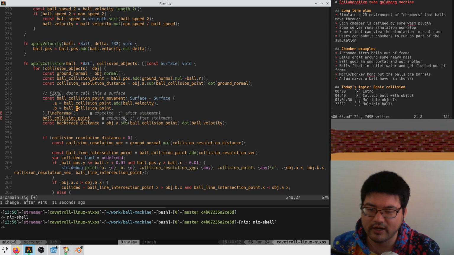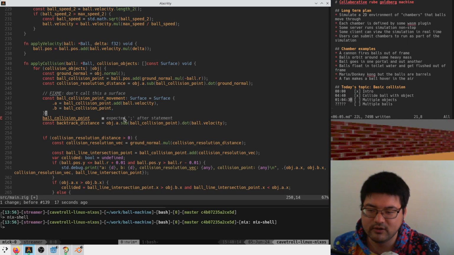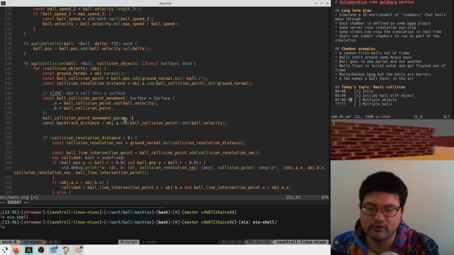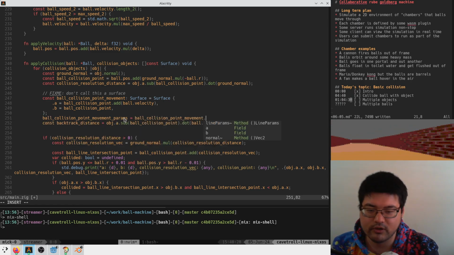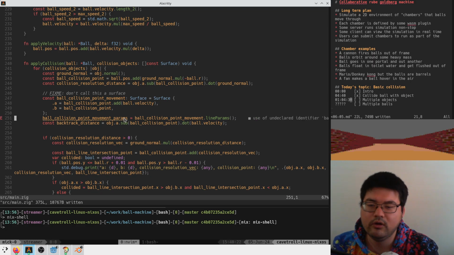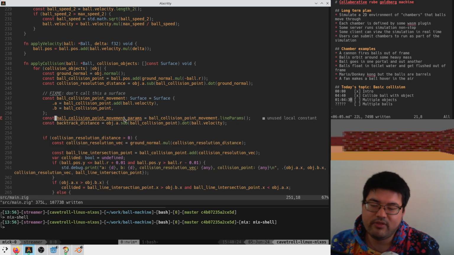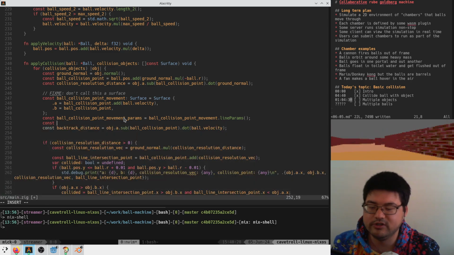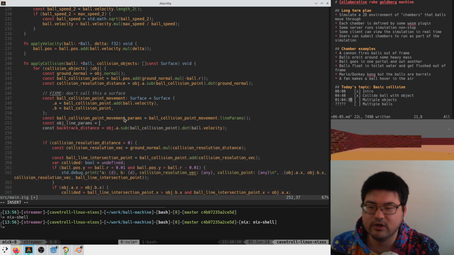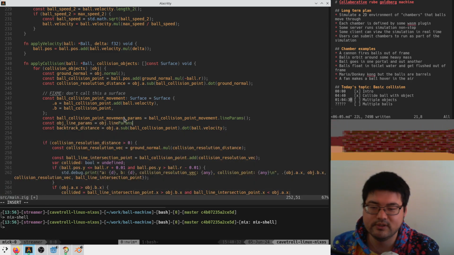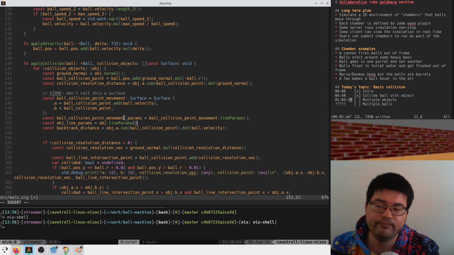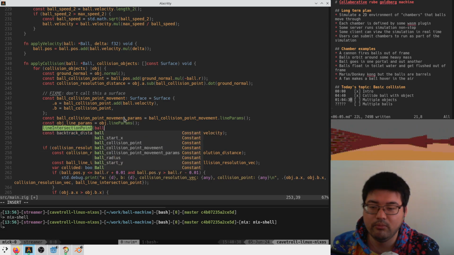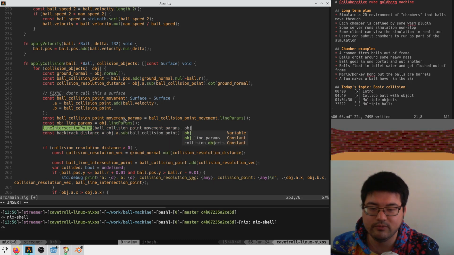I guess maybe in Zig you can't do this. So we'll just call this ball collision point movement line params. Okay, fine. So we have that, and then we have the line params of the object. So const obj line params is equal to obj line params. Then we should be able to say line intersection point ball collision point movement params obj line params.